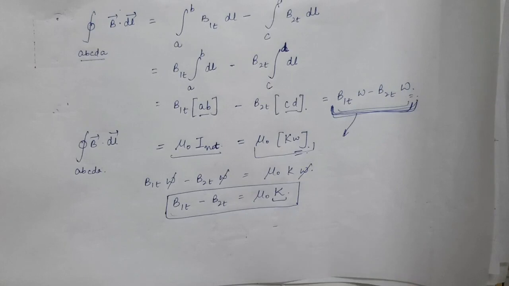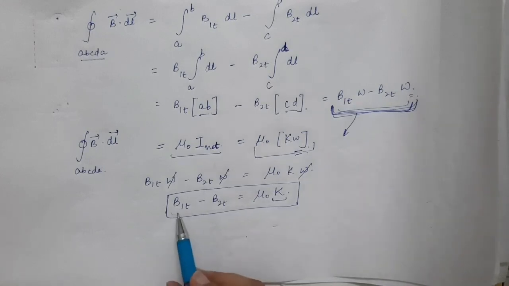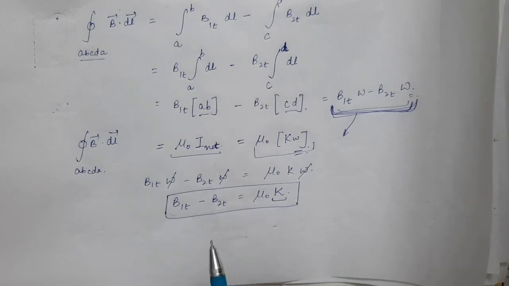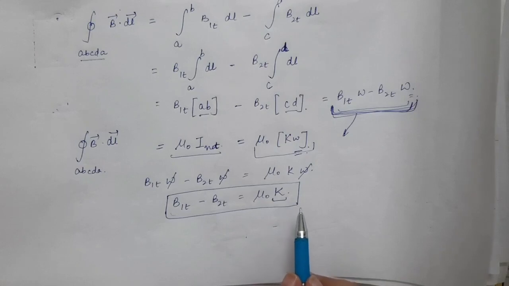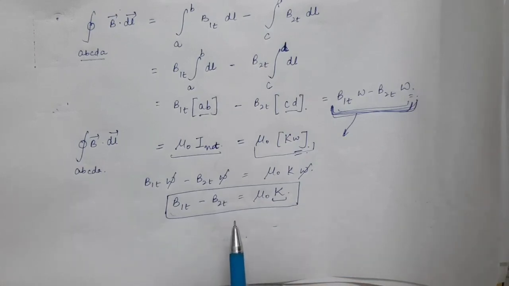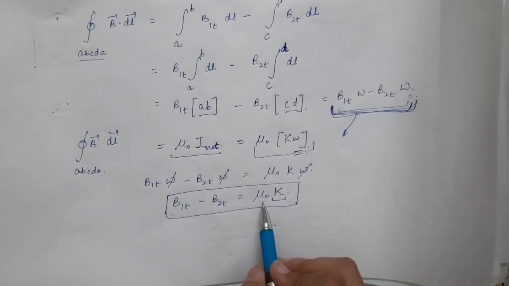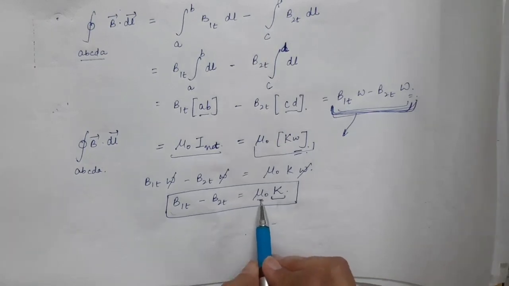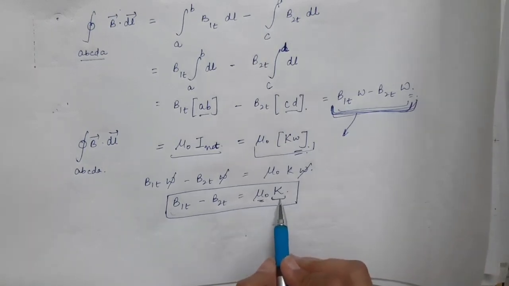When you go from above the sheet to below the sheet, or vice versa, from below the sheet to above the sheet, there will be a change in the tangential component of the magnetic field, and that will be equal to mu naught times K. So this change in parallel component of the magnetic field is given by the product of mu naught and the surface current density.